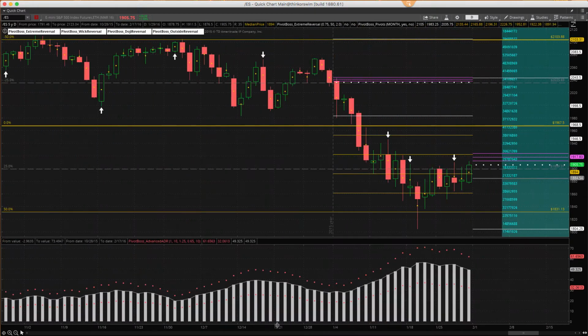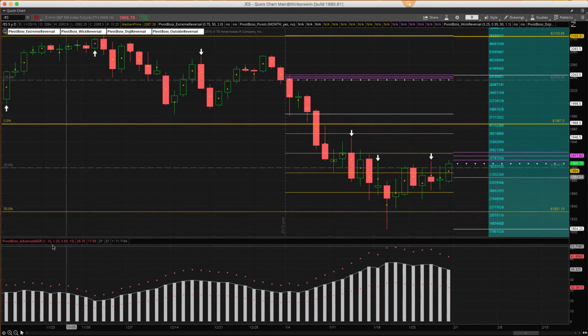Now when you're looking at this indicator and you have just a basic ADR, so a value of 10, one day and a 10-period average, you're also going to see this little line here. That's just the regular average, your 10-day average. Then you're going to see this dot above and this dot below. They're a little hard to see sometimes, but they tell you where the 125% level is, and this is the 65% level.